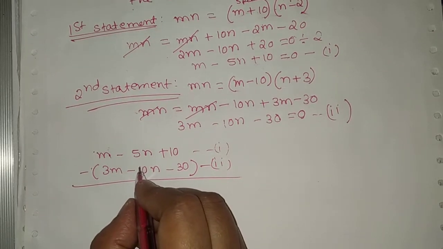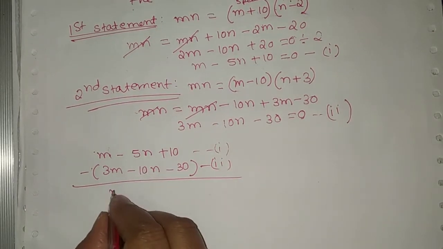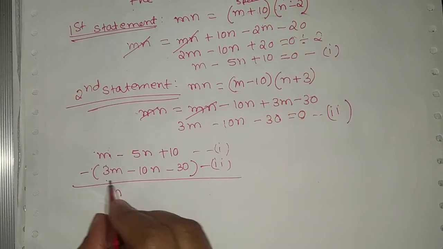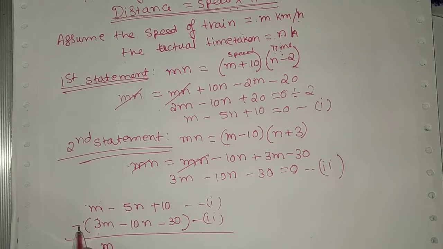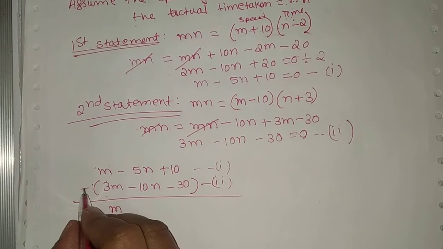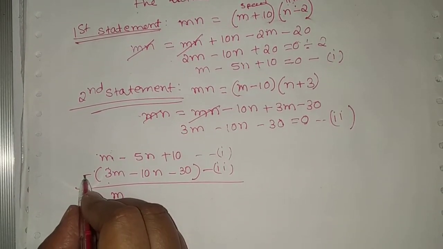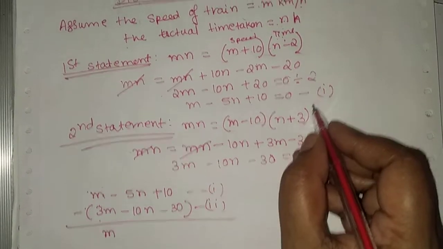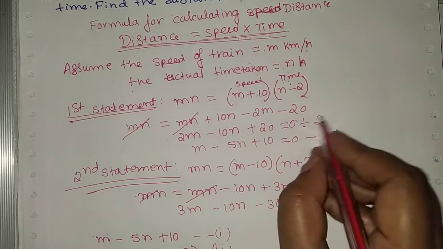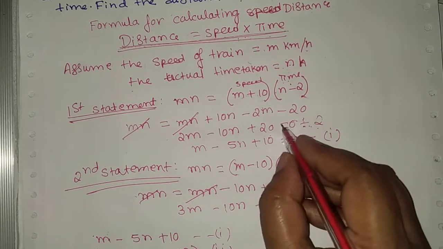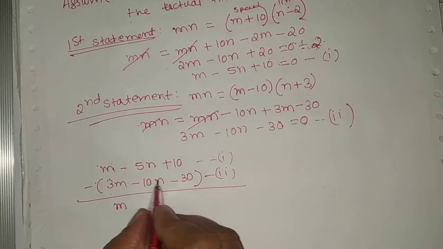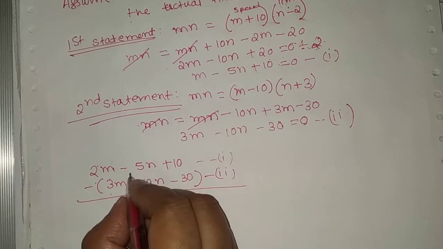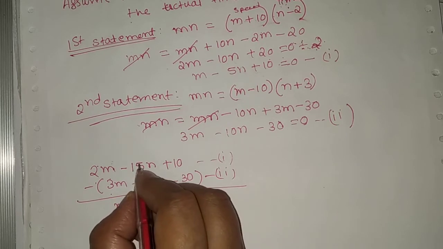Either we divide by 2 or take the equation directly, anything we can do. Both are the same.